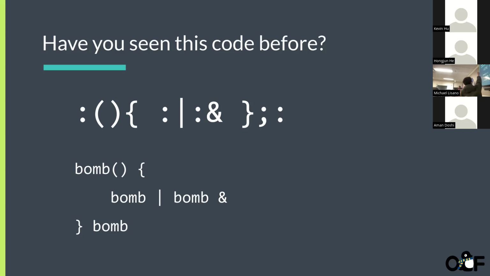Let's write it out here. Colon is bomb. So then you have bomb, and this expands itself into a function where bomb is a block of code that pipes bomb into bomb, and then you run it in the background, as a daemon.